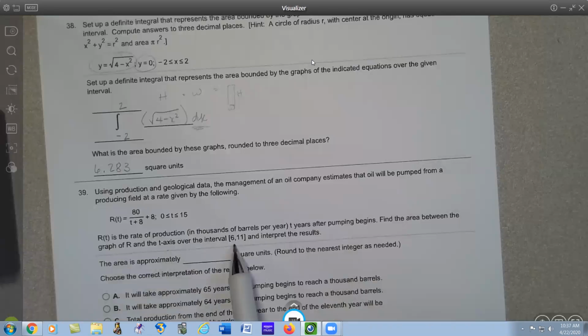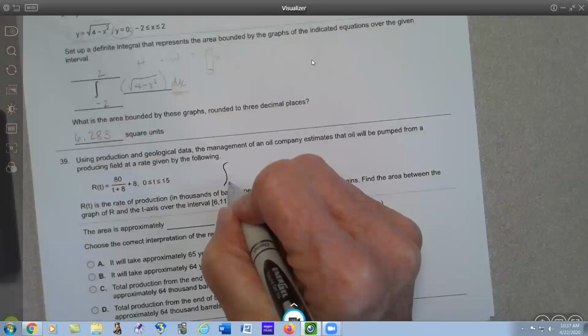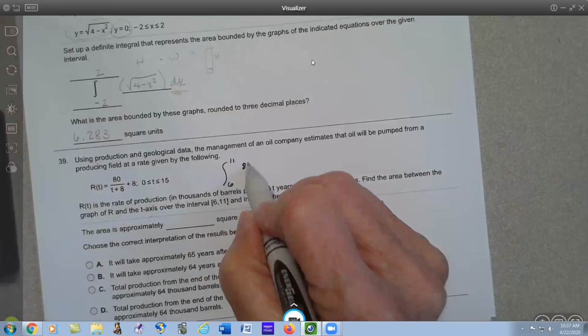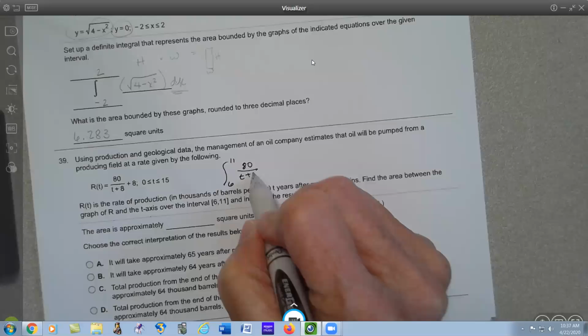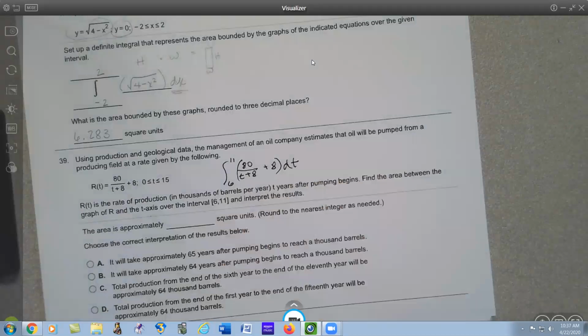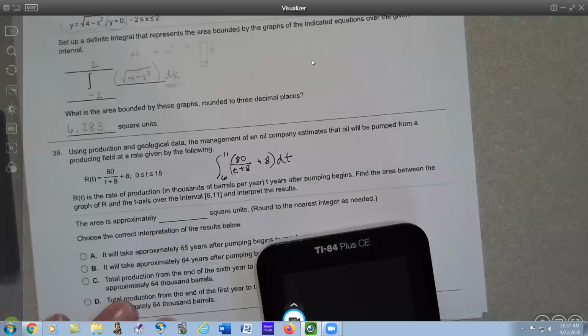Interpret the results. So from 6 to 11, word problem. I want to see the setup. Then we're going to go to our calculator.